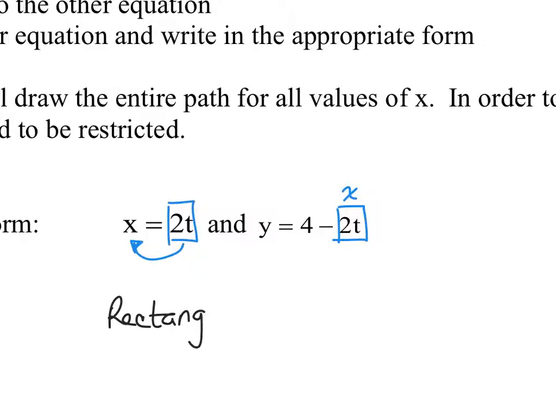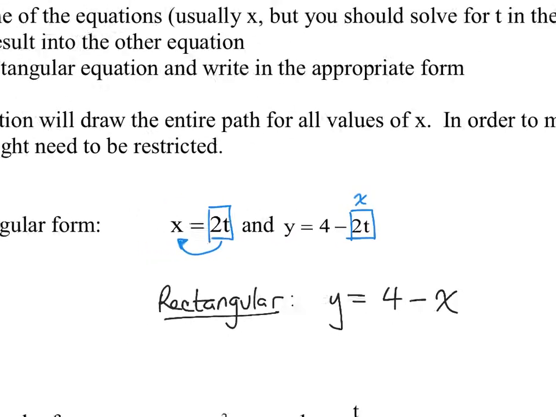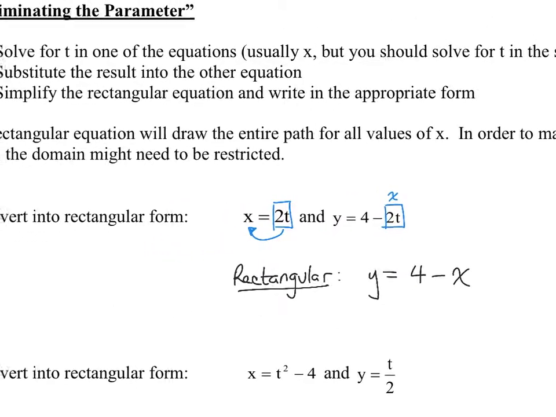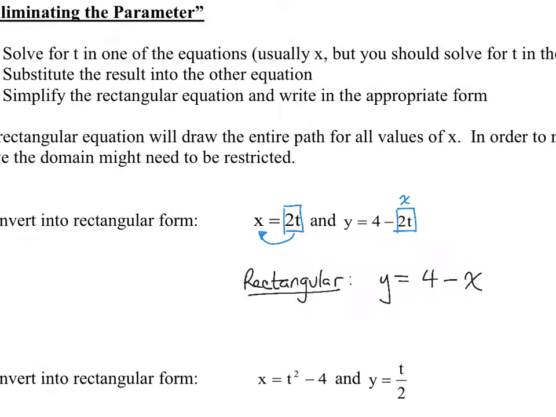Rectangular: y equals 4 minus x. I always found that it was easier to learn through problem solving than it was to learn through reading steps and somebody else's definitions and things like that.